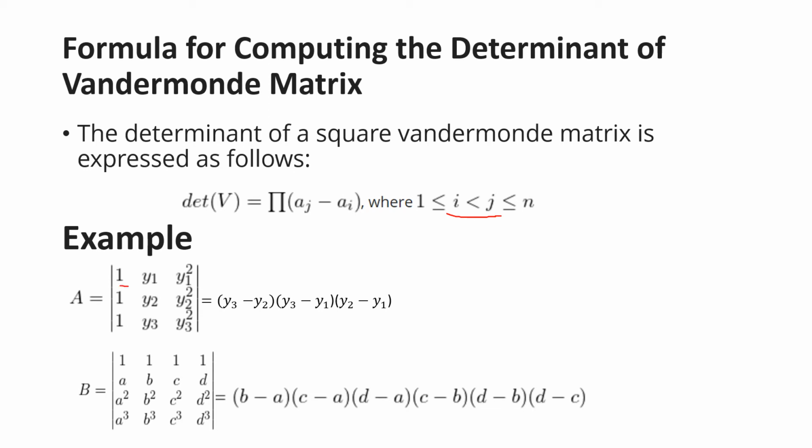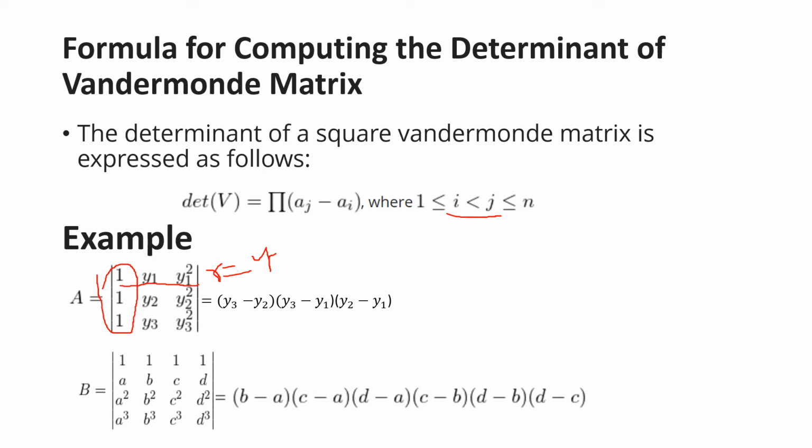Suppose we have 1, y1, y1 square. Here you can easily see that the first column is 1 1 1 and there is a GP also for the first row. What is the common ratio? It will be y1. R will be equal to y1.